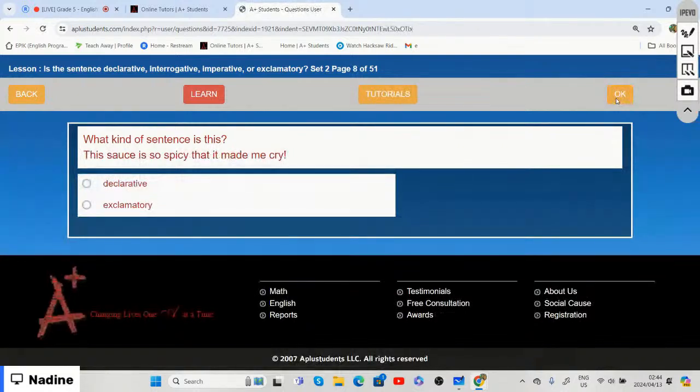This sauce is so spicy that it made me cry. Is this a declarative sentence or an exclamatory sentence?